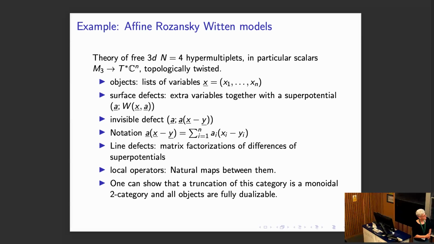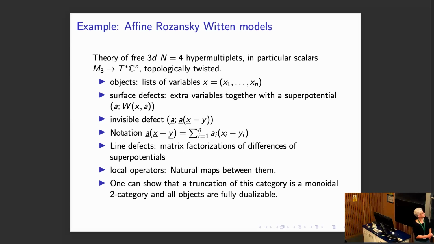Okay, then I need higher morphisms. The line defects are matrix factorizations of differences of superpotentials on the surfaces, and then there are local operators that are natural maps between such things. These are some twisted complexes version. I don't want to go into it, but it's a category that is under good control.